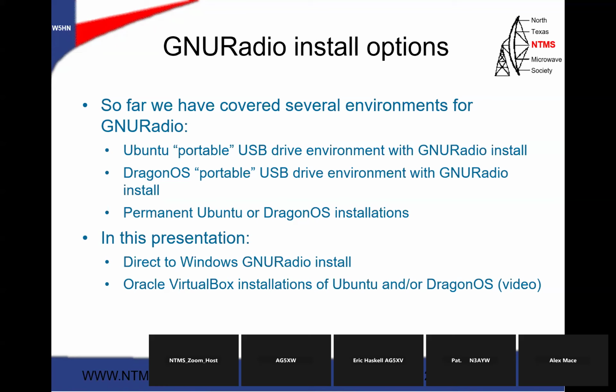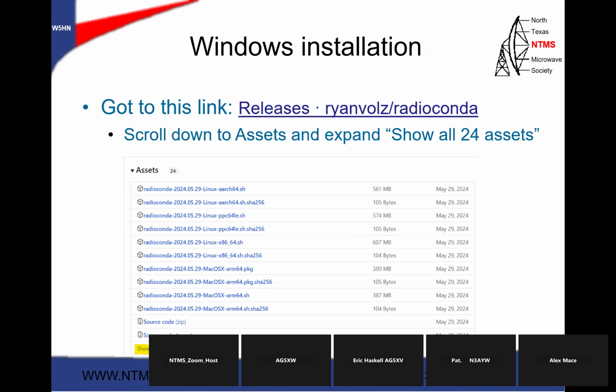I know of at least one person I've been working with that did buy a low-end laptop, and they dedicated it to Ubuntu and GNU Radio. In this presentation, we're going to talk about the direct to Windows install, the VirtualBox installations, and also additional SDR software.